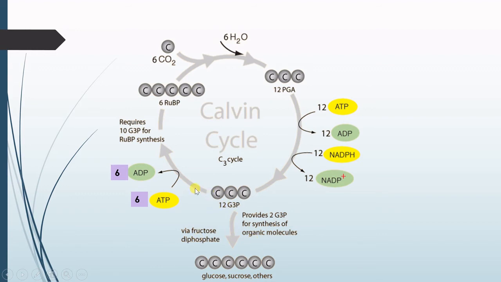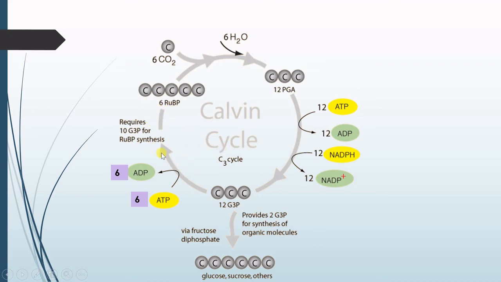So remaining 30 carbons, that means 10 into 3, 10 molecules of 3 carbon compound. So 30 carbon are now present here. They are utilized for the regeneration of RuBP. Here from these 10 molecules of 3 carbon compound, we have to synthesize 6 molecules of 5 carbon compound. So 6 into 5, 30.